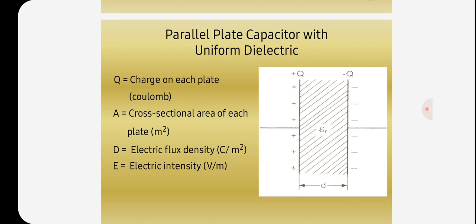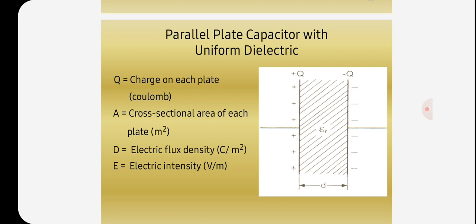In this, Q is the charge on each plate in coulombs, A is the cross section area of each plate in meter square, D is the electric flux density in coulomb per meter square, and E is the electric intensity in V per meter. In this diagram we can observe the two plates, one with the positive charge and one with the negative charge.